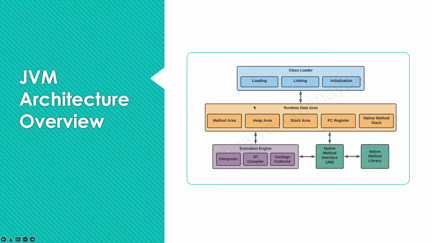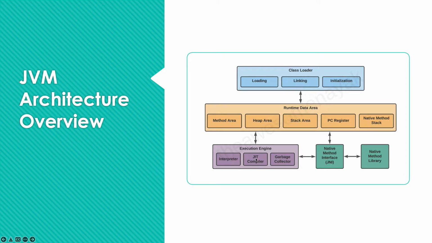If you look at the diagram here, you will be able to see that the class loader has three individual components: loading, linking, and initialization. Whereas runtime data area has five more components: method area, heap area, stack area, PC registers, and native method stack.